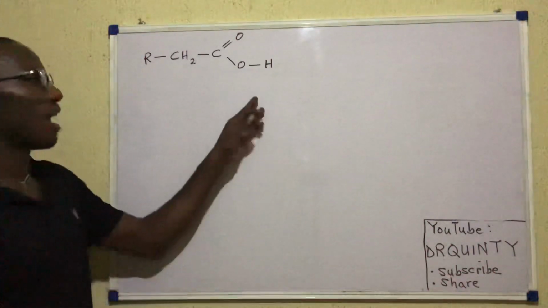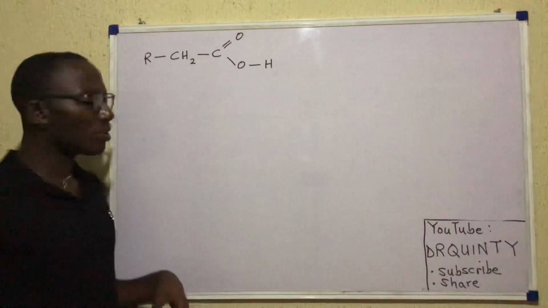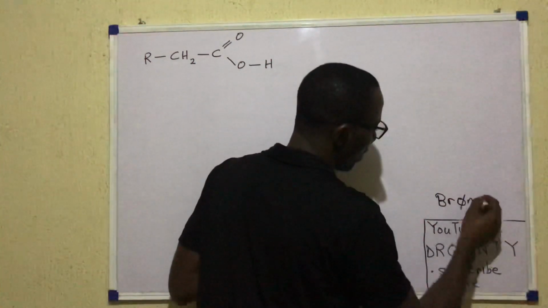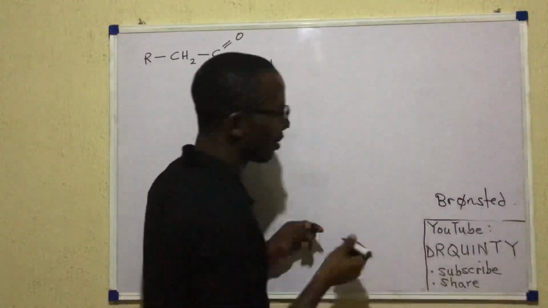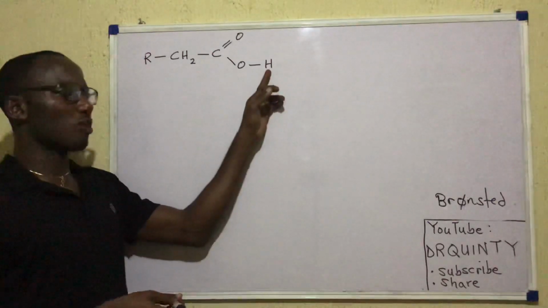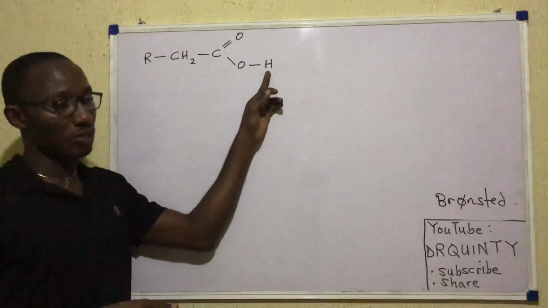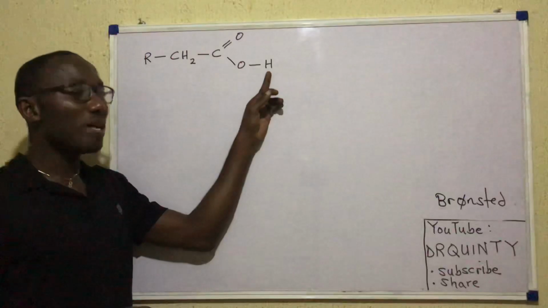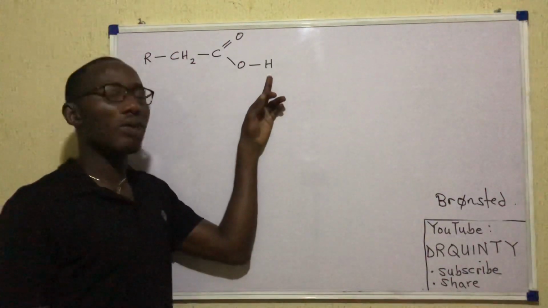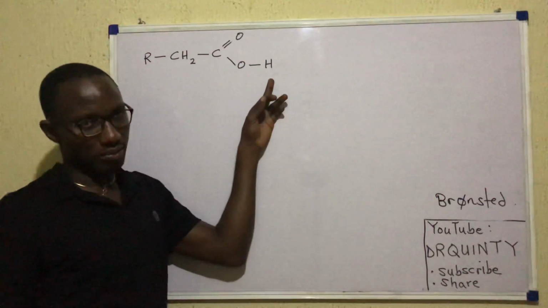But as a Bronsted acid, if you remember the Bronsted and Lowry theory of acids and bases, this substance should be able to give off this replaceable hydrogen. And depending on how well it does so, it may be called a strong acid or a weak acid.